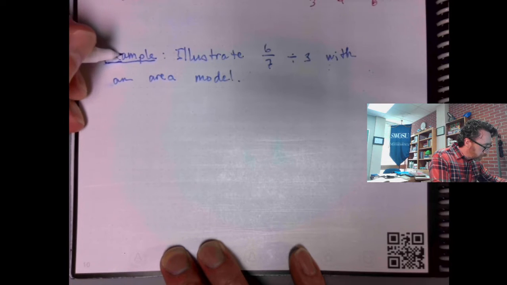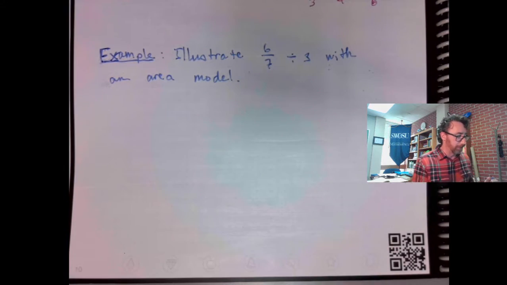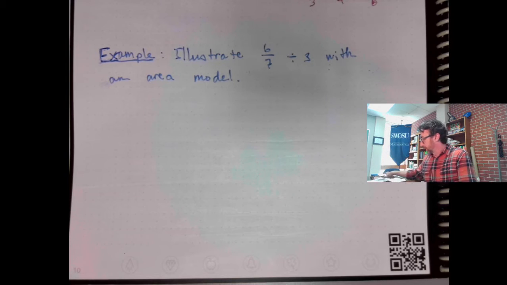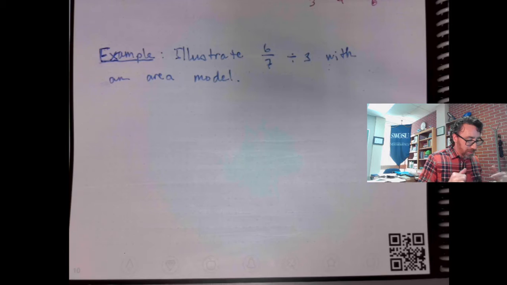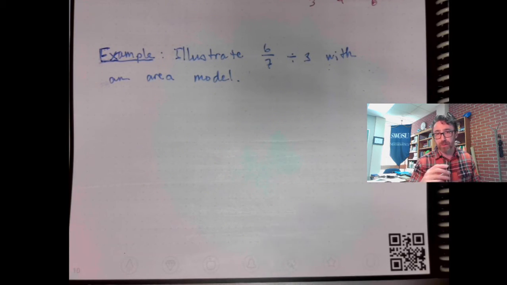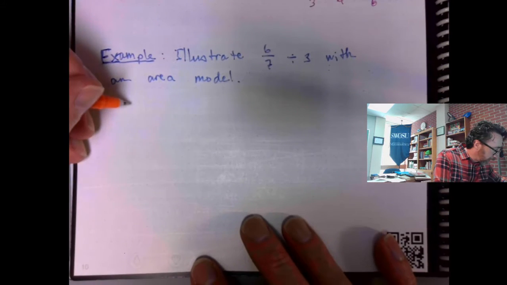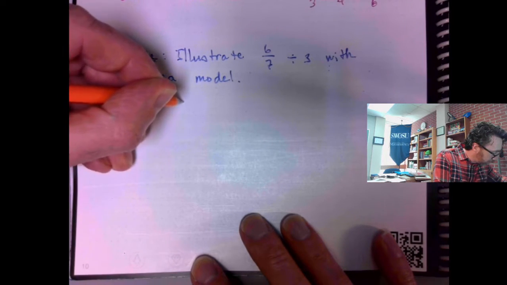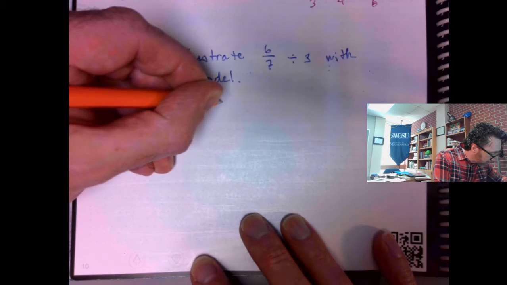I want to illustrate this division using an area model. Okay, so 6/7 divided by 3. So I want a picture that represents 6/7. All right, so what I'll do is 1, 2, 3, 4, 5, 6, 7.